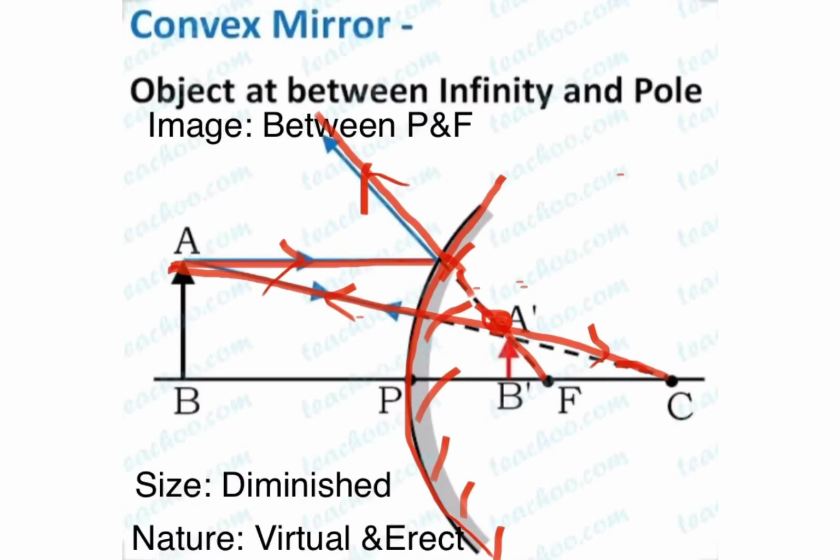So A dash B dash is the virtual and erect image of object AB, which is placed between P and infinity of the convex mirror, and you can see its size, it is diminished, which means smaller than the object.